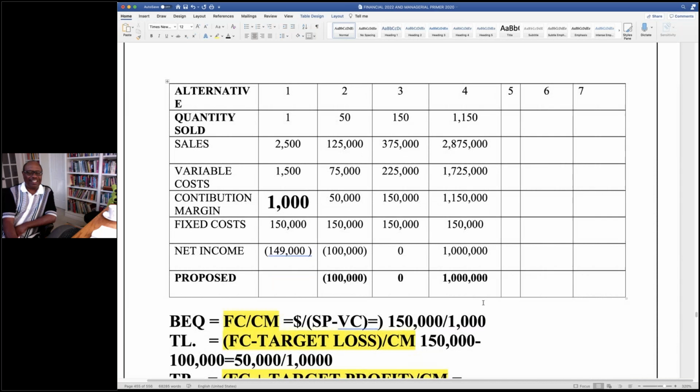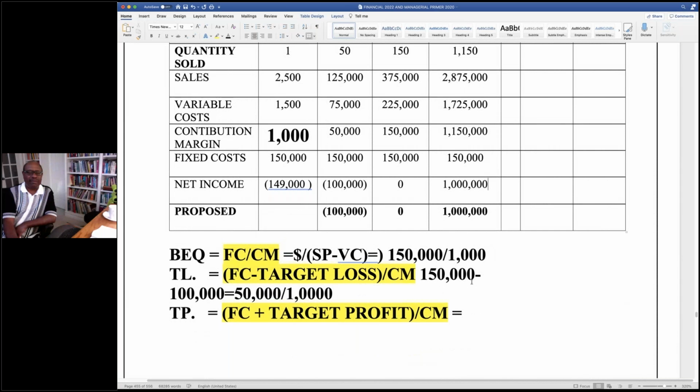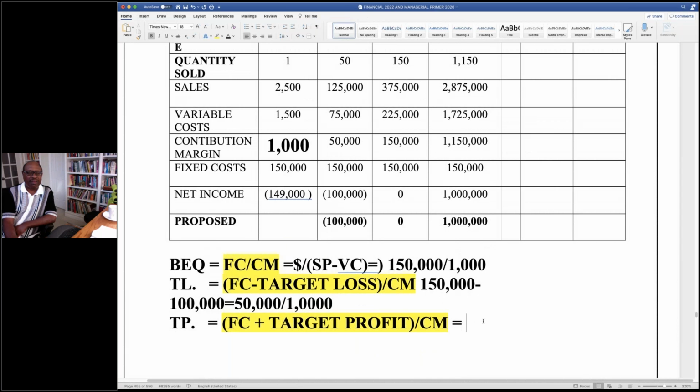When you go to the equation right there, you have to add 150,000 plus 1 million and then divide it by 1,000. I did, and I'm not getting that. It should be 1,150,000, right? 150,000 plus 1 million is 1,150,000, divided by 1,000, right?